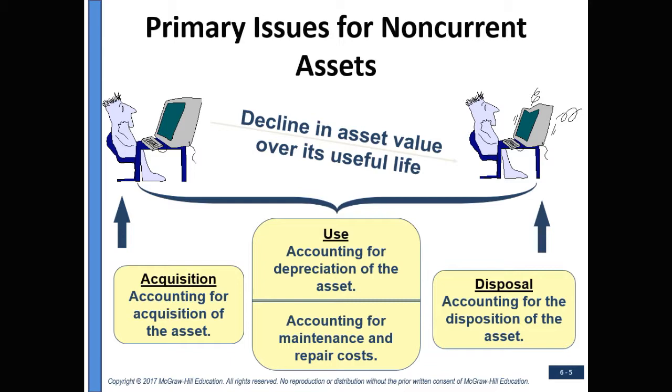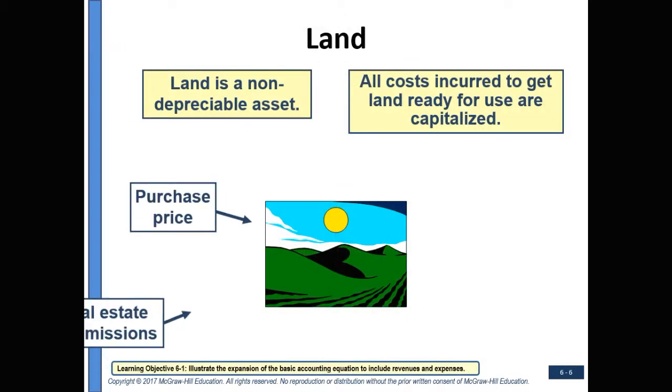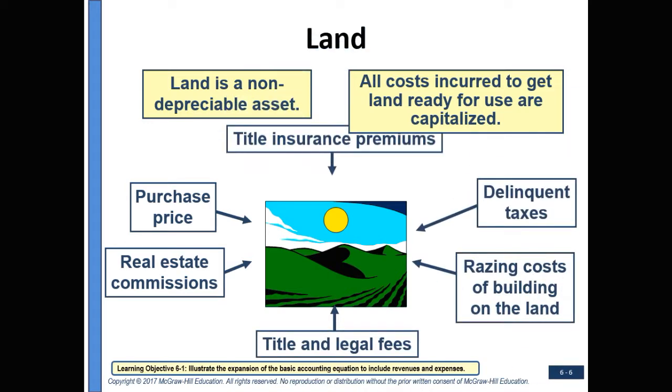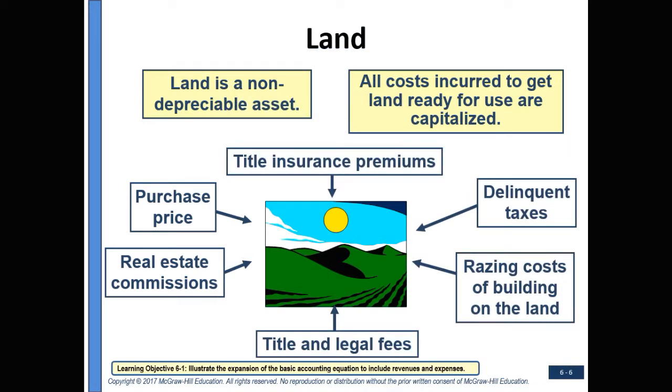We're going to start with the easiest asset, and that's actually land. Land itself is not deemed as being ever used up or having necessarily a limited life. Because of that, land is a non-depreciable asset. The acquisition cost of land includes all of the costs that are incurred to get the land ready for use.